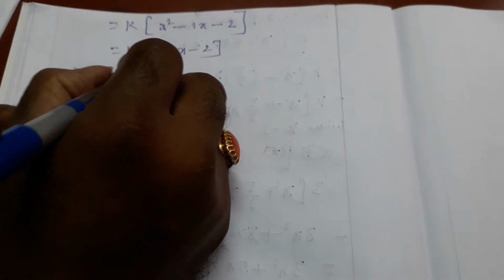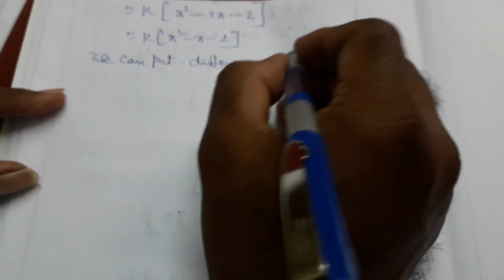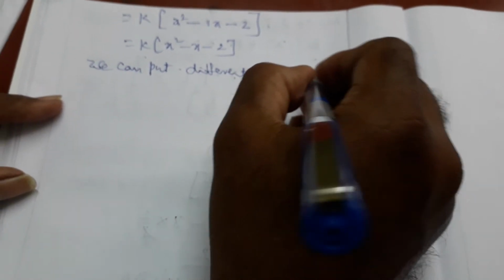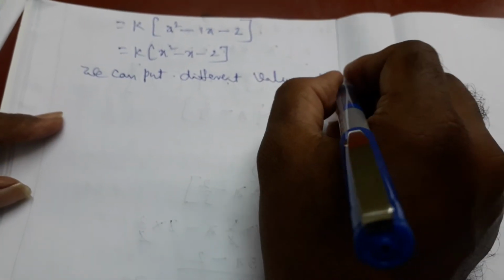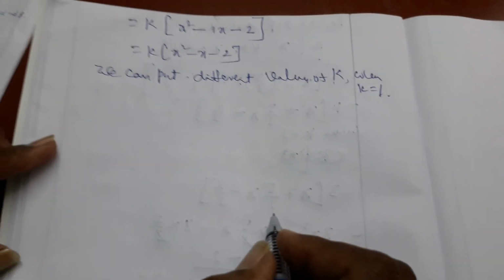That equals k into x square minus x minus 2. We can put different values of k. In this case k is equal to 1 for this problem.